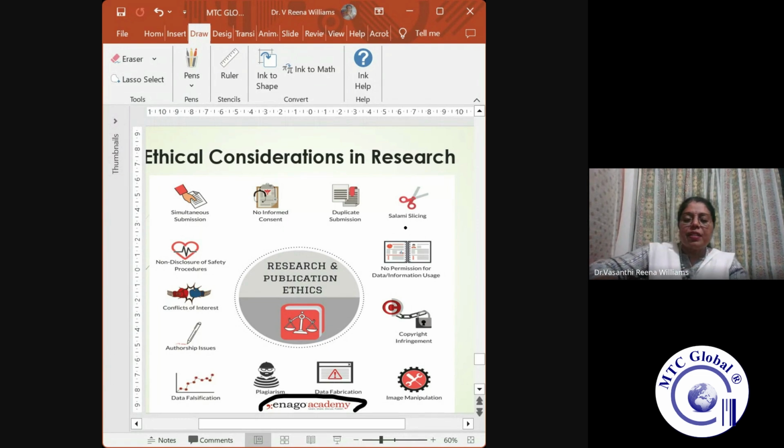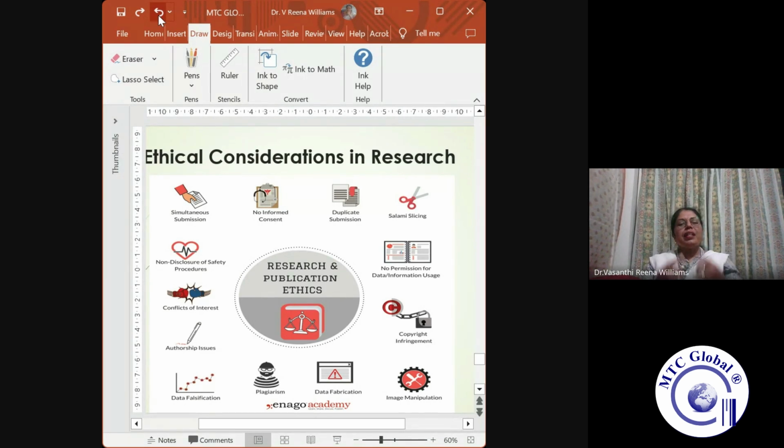This is paraphrasing. So that is one. No permission for data information usage, copyright infringement, image manipulation, data fabrication, plagiarism, data falsification, authorship issues, a conflict of interest. All these things are, if you don't take care of them, then it becomes an ethical issue in research.